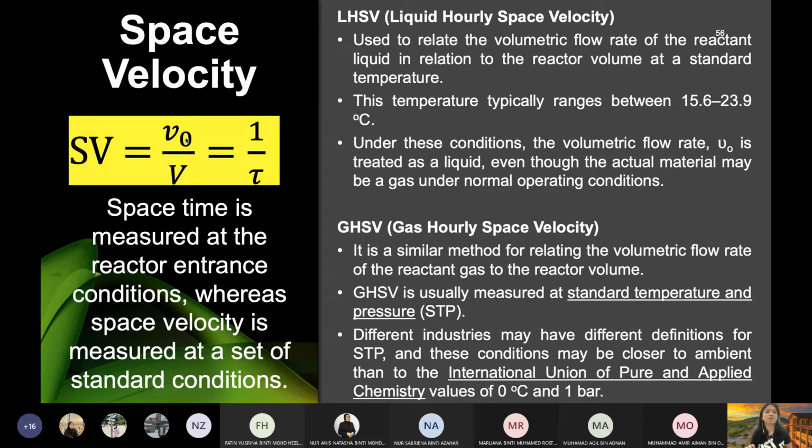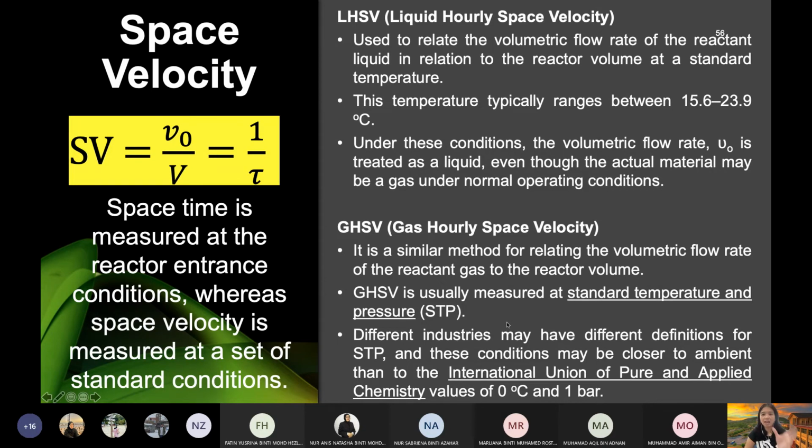However, for space velocity, inlet volumetric flow rate ni, you have to measure at very standard condition and it is different for gas and liquid. Maksudnya kalau liquid, you have to measure the inlet volumetric flow rate at the range temperature between 15.6 to 23.9.